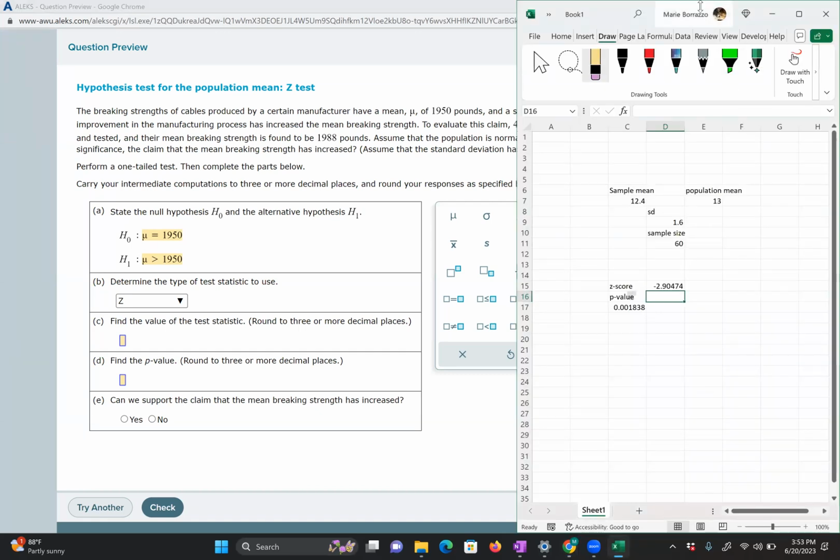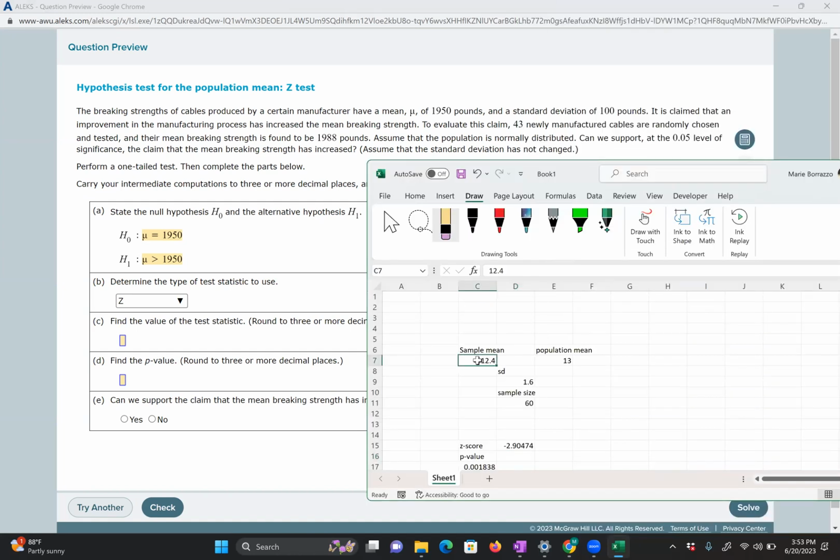So let's do Excel first, since we've already used Excel. In Excel, we're going to put in our data. So the sample mean is 1988. The population mean, which is given to us, is 1950. The standard deviation, according to this, is 100 pounds.